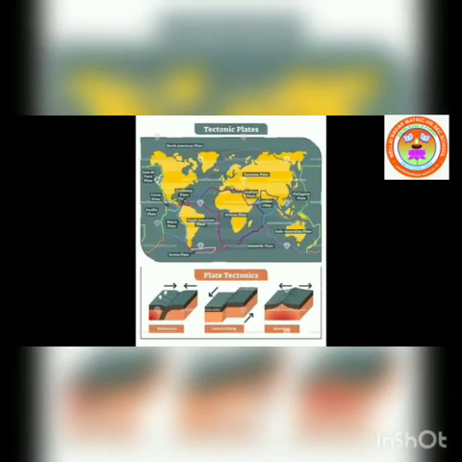Here you can see on the screen tectonic plates, or plate tectonics. The lithosphere is divided into a number of huge slabs of rock called tectonic plates. These tectonic plates are divided into major and minor plates. These plates float independently over the mantle.